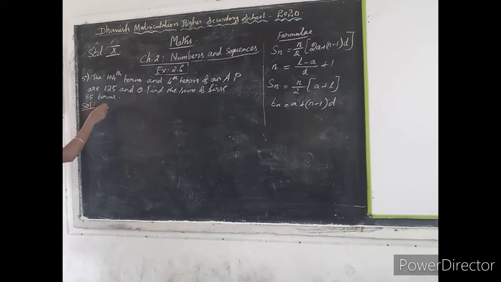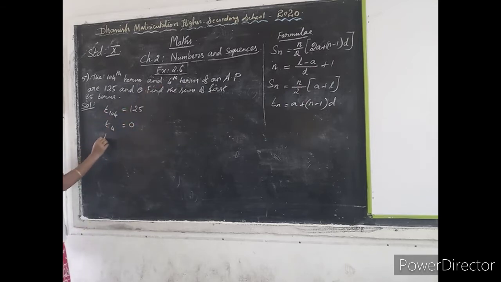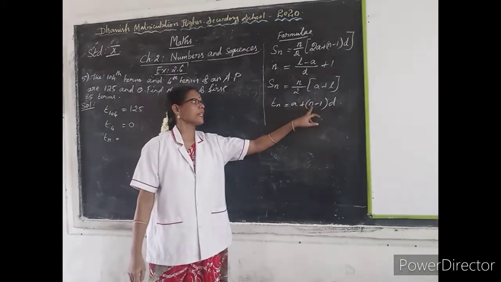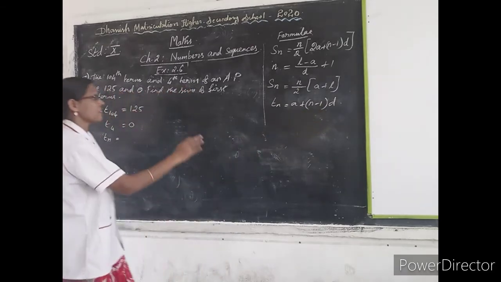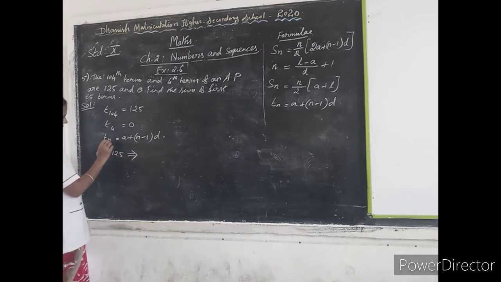So, how to start? What is given? 104th term. So, T104 is equal to 125 and T4 is equal to 0. These are given. So, use the nth term formula. What is the nth term? Tn is equal to a plus n minus 1 into d. So, use that formula. a plus n minus 1 into d. So, T104 is equal to 125, which implies n is 104.